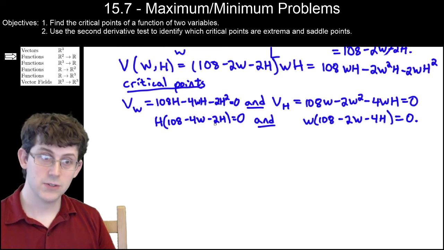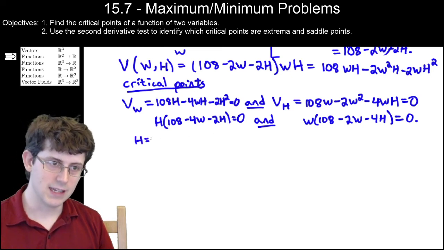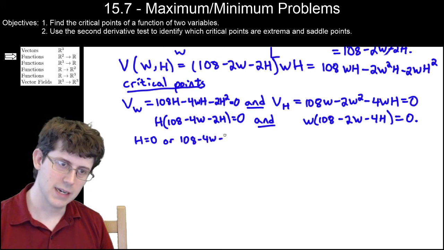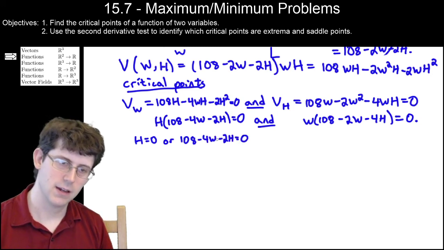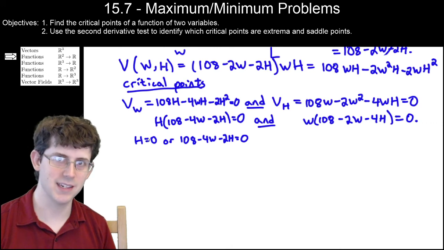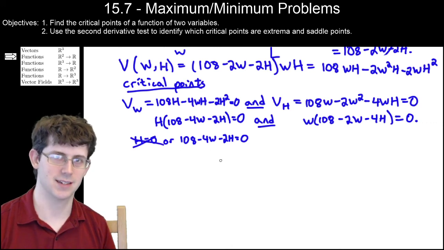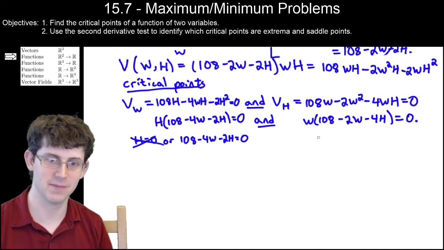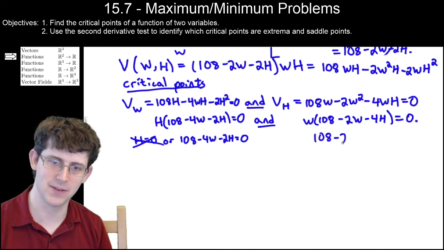This is going to give me two solutions. Either h is 0 or 108 minus 4w minus 2h equals 0. But a package with height 0 is not going to be the winner here, so I'll throw that one out. Similarly, I don't need to worry about the width of my package being 0. That's not going to be the right shipping plan.